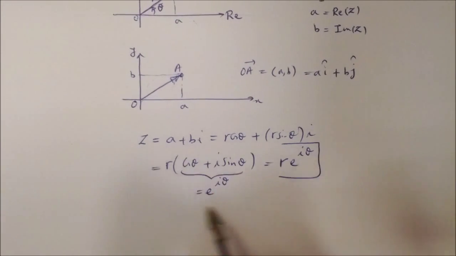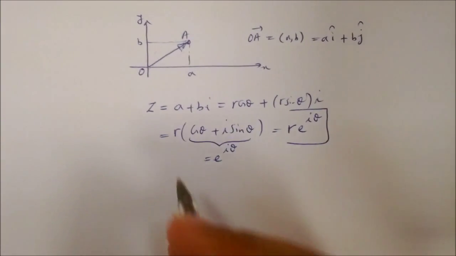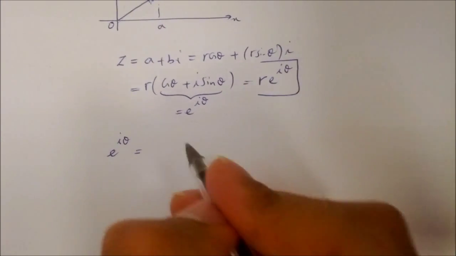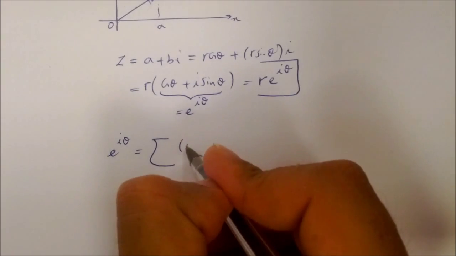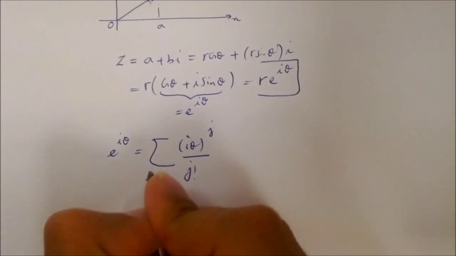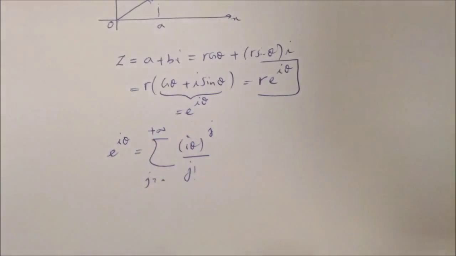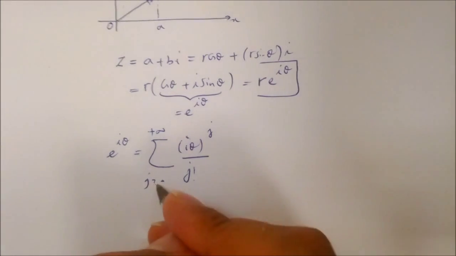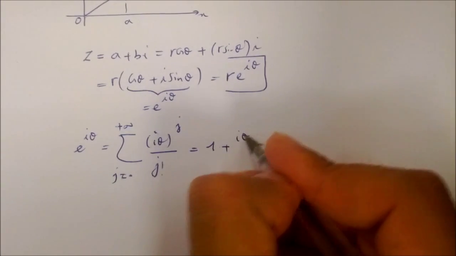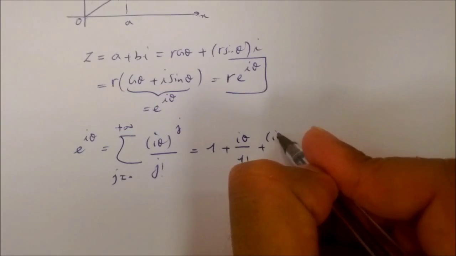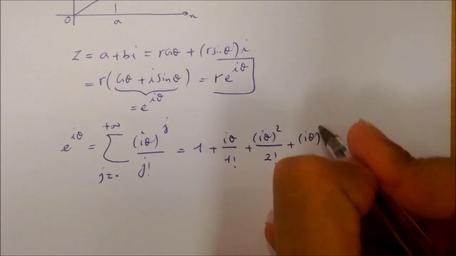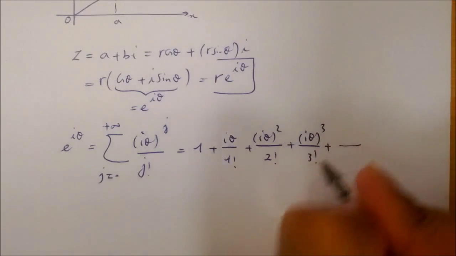The proof for this relation is straightforward, because if I consider the Taylor series of e to the power of i theta, this will be the summation of (i theta) to the j over j factorial, for j equal to 0 to infinity. So this will be 1 plus i theta plus (i theta) squared over 2 factorial plus, and so on and so forth.